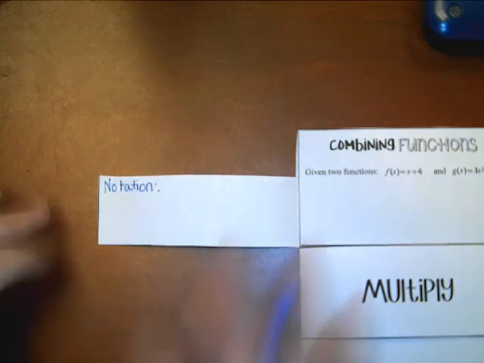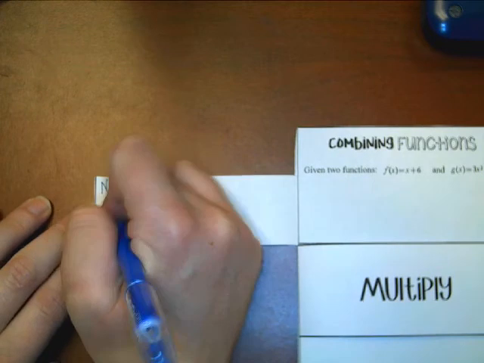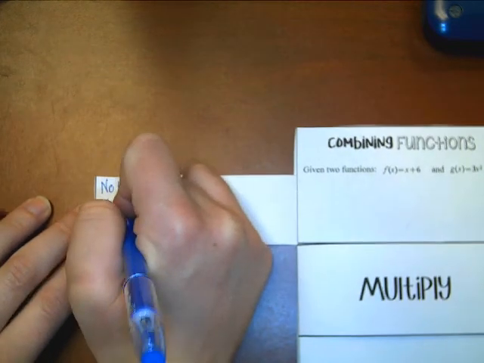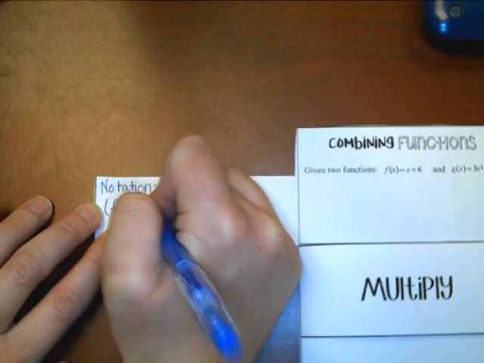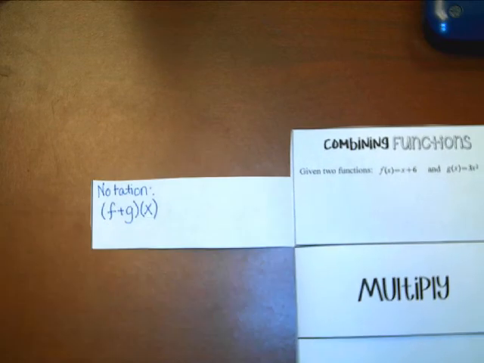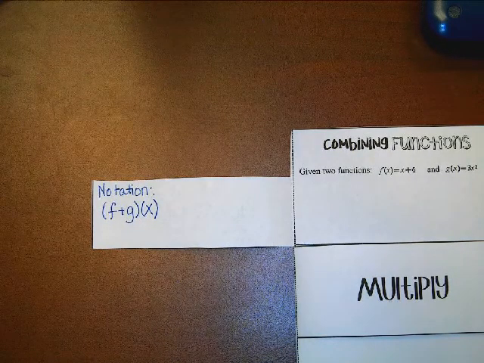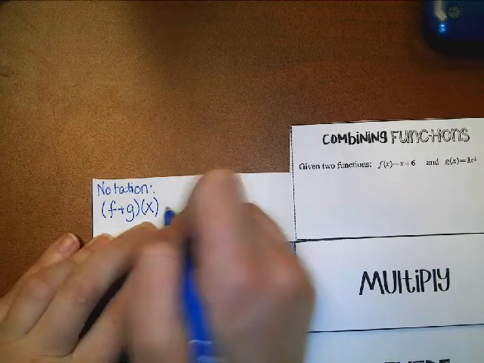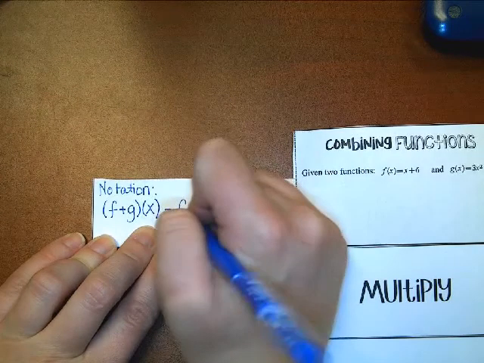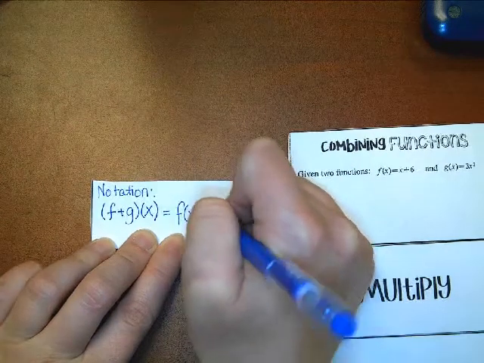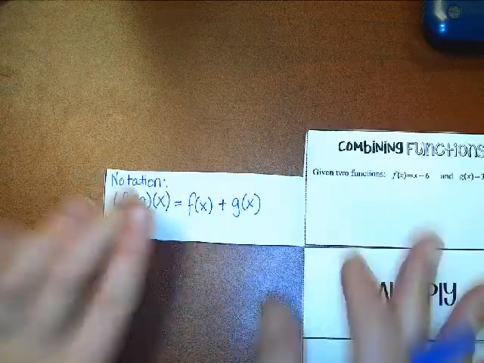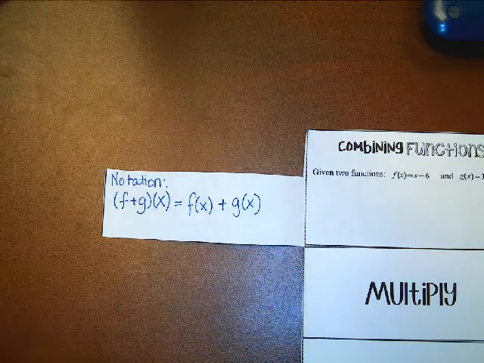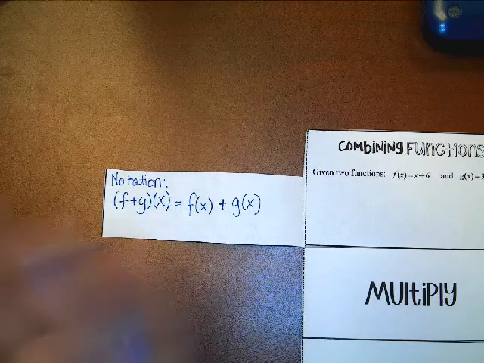All right, and the notation looks like this, you'll see f plus g of x. That's what you're going to see. And really what that means is we're simply going to take f of x and add g of x. And the domain for this new combined function is going to be where the two domains overlap.